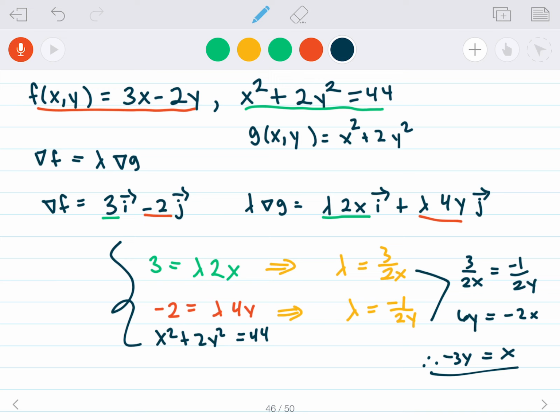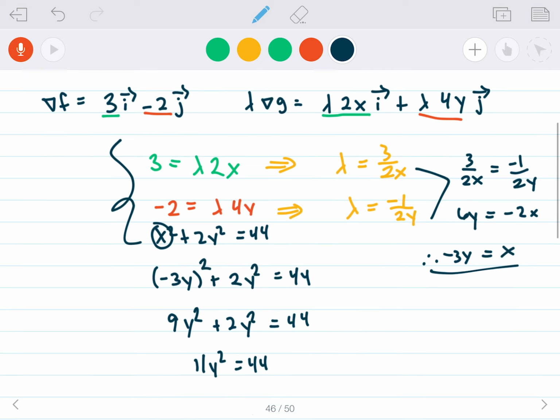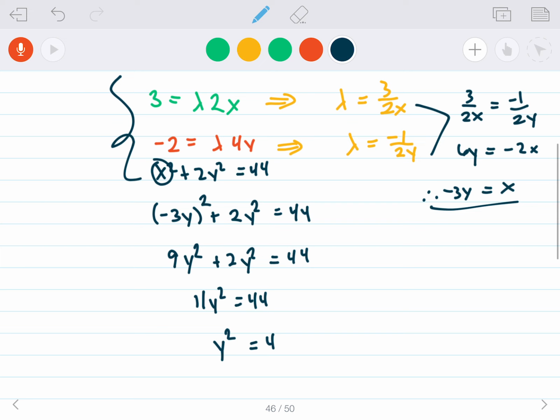Let's go ahead and plug in negative 3y in for x. Negative 3y squared is just 9y squared, plus 2y squared equals 44. That gives us 11y squared equals 44, so y squared equals 4. So we get y is equal to plus or minus 2.